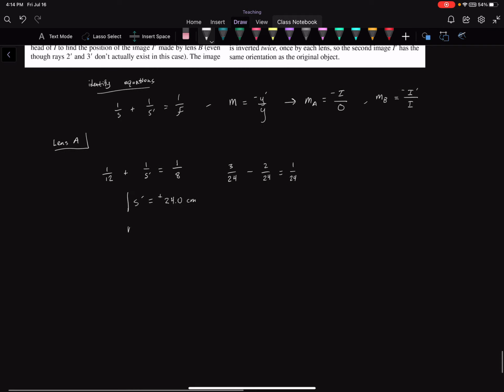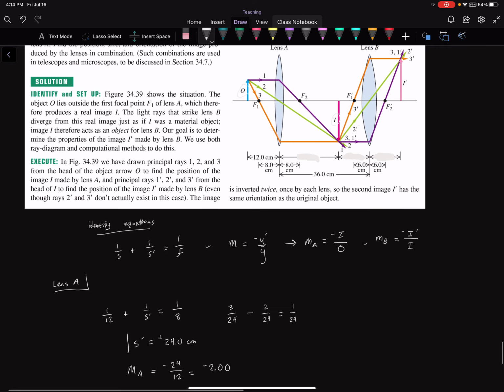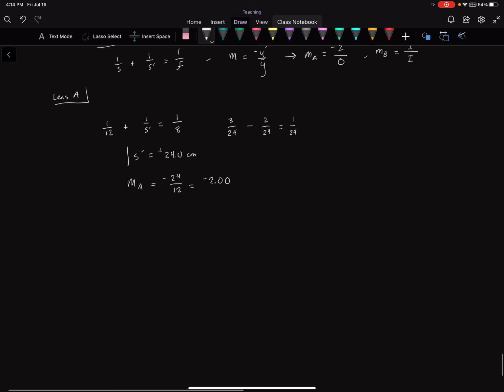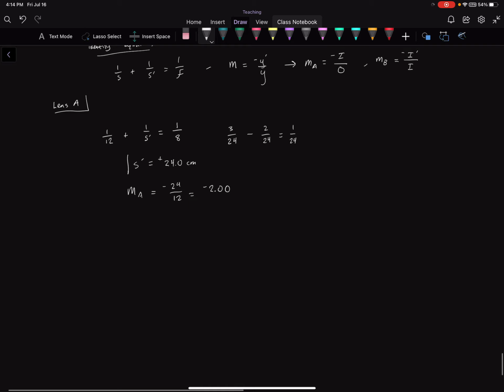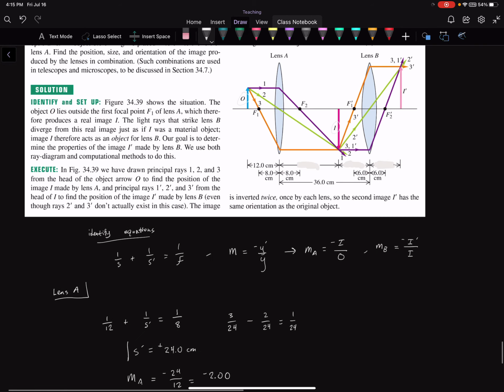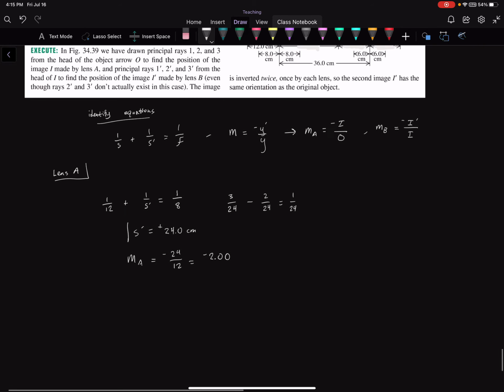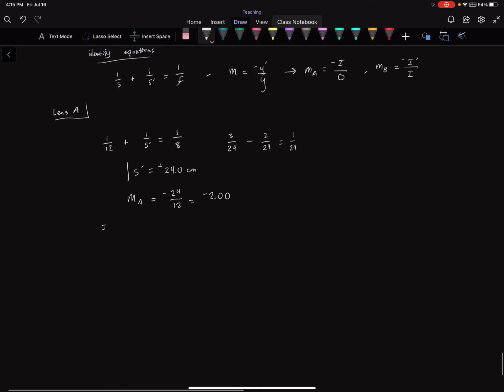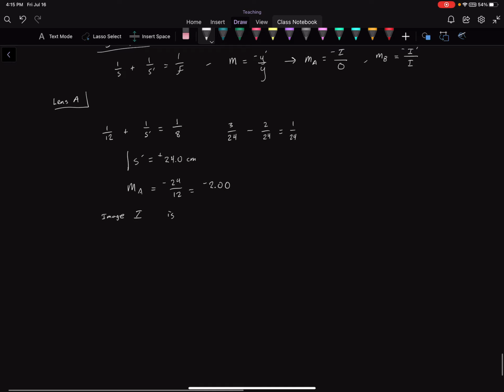And then the magnification at A is equal to negative 24 over 12, which is negative 2 magnification. And we did that because similar triangles. So hopefully you can follow along there. So what does this mean for image 1, this image I here? So that means that the first image, image I, is, because of this negative sign, inverted.